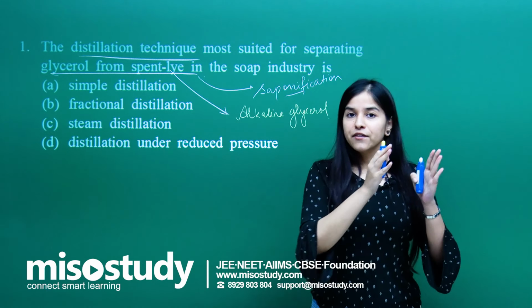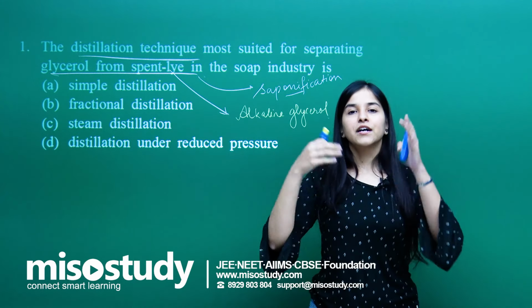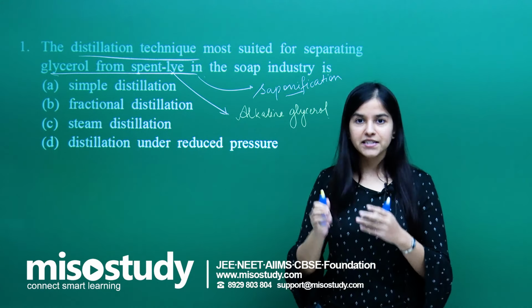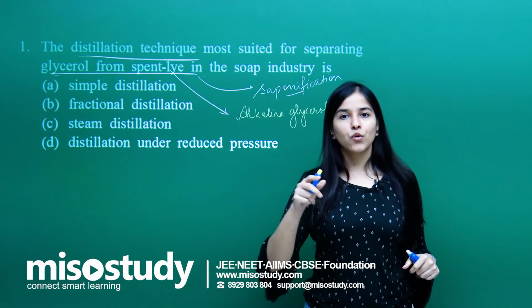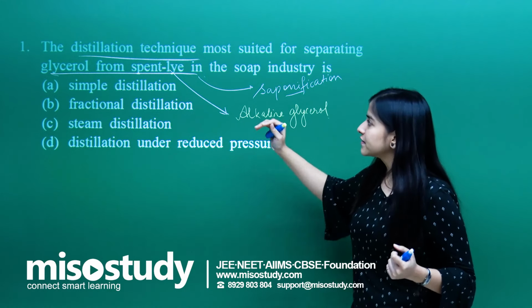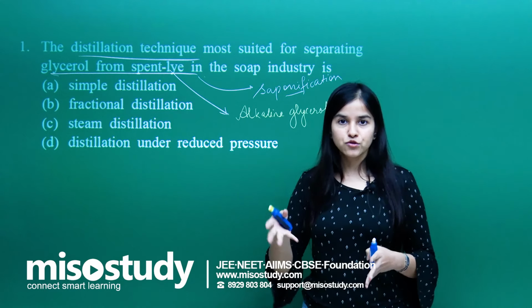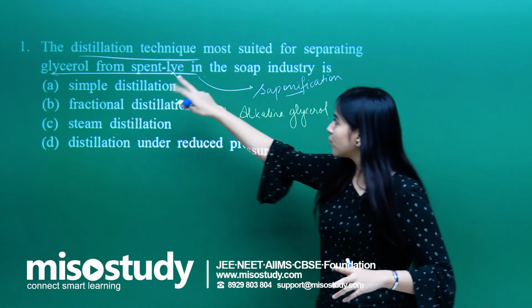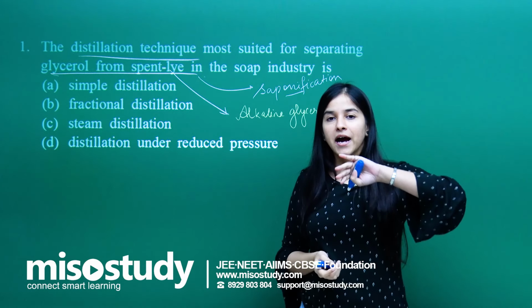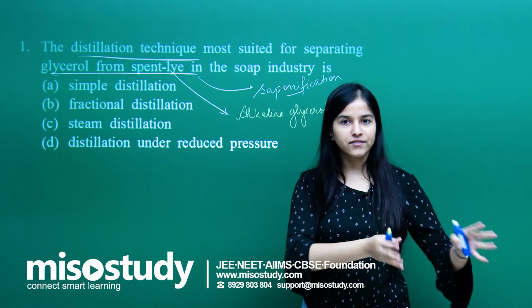When the fat is saponified into what? Saponified into the glycerol along with the soap, naturally. So what is left in the mixture is glycerol along with the soap, that alkaline mixture of both is known as the spent lye. So we need to separate it out and take out the glycerol as a whole.